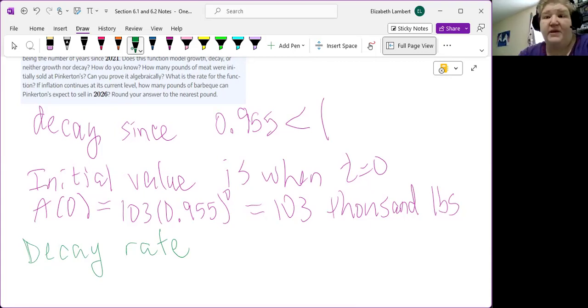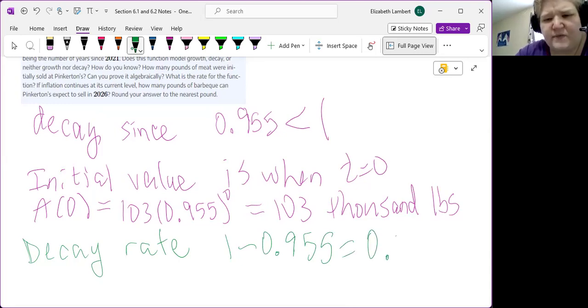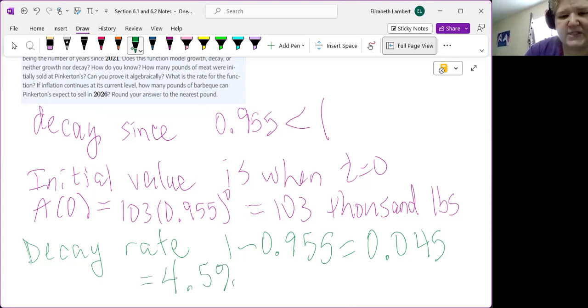So if I did our b value minus 1, I would get a negative number. So we flip it over. I'm going to do 1 minus 0.955, which gives us the decimal 0.045, which we can convert to a percentage. So that is 4.5% decay.